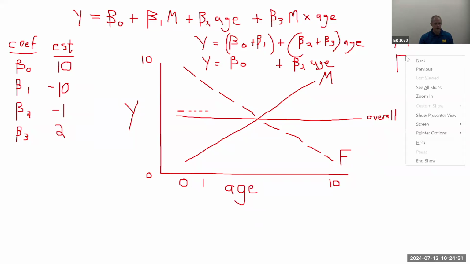This is the exact exercise you want to go through every time that you interpret an interaction. Because again, the scientific insight can be very large. Here I'm seeing there's a completely flipped relationship of age with Y depending on what gender I am. And I would completely miss that if I had not tested this interaction. Okay?